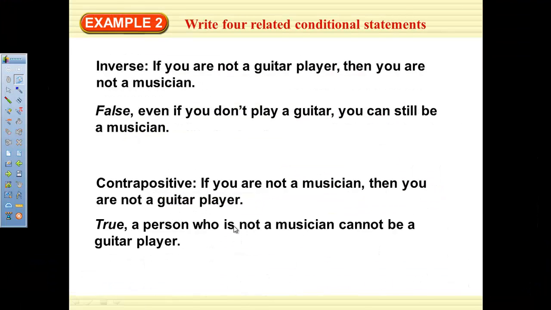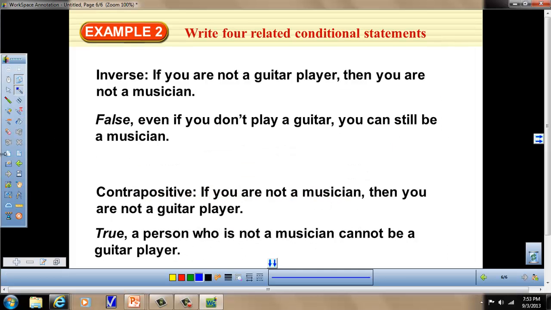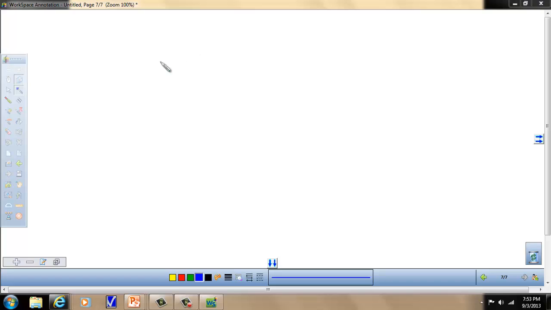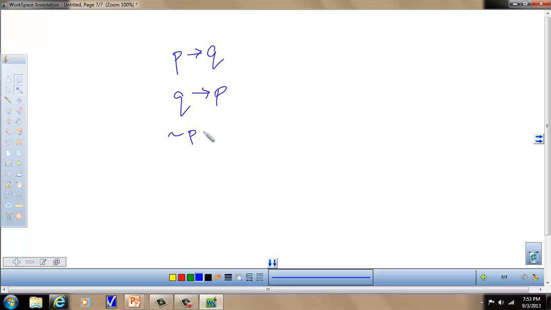And what we're going to find in general, I'm going to write this down as well. Let me get a piece of paper. If we have P implies Q, Q implies P, not P implies not Q, and not Q implies not P. So this is our if-then.